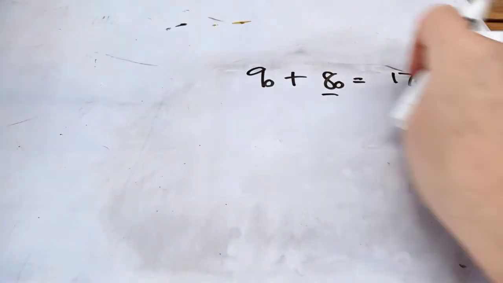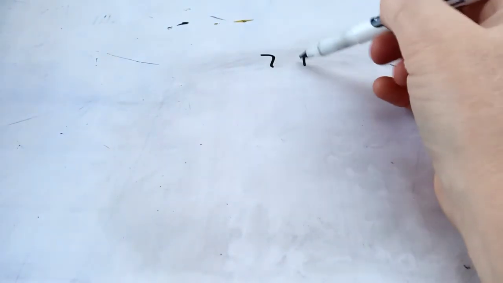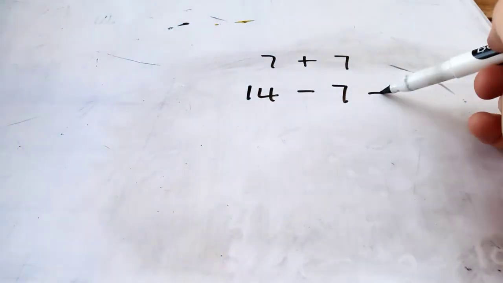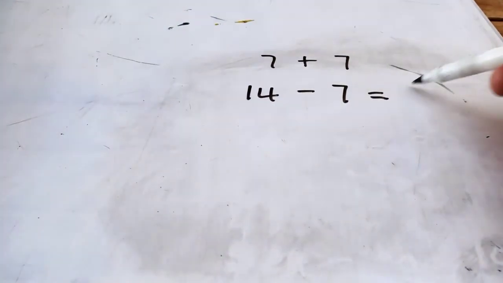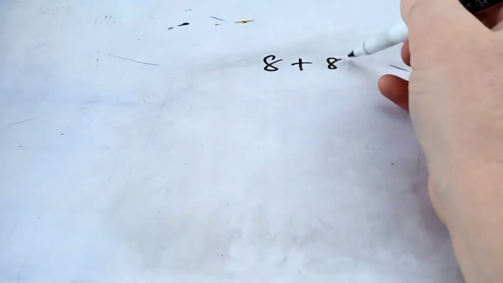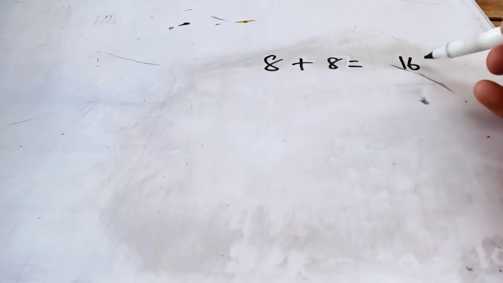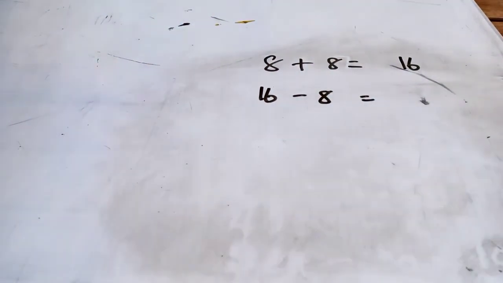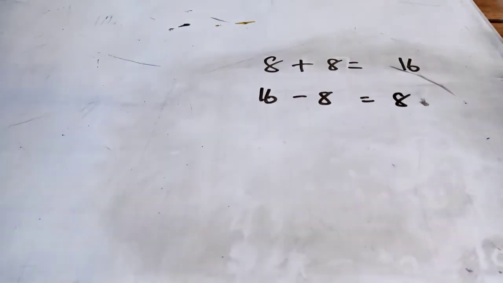Awesome, it's 170. Right, I'm going to use my double facts this time to do some subtraction. I know that 7 add 7 is 14. So 14 take away 7 would equal 7. I know that 8 add 8 equals 16. So 16 take away 8 equals 8.